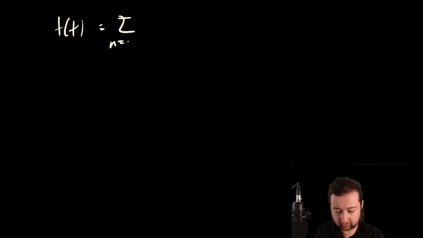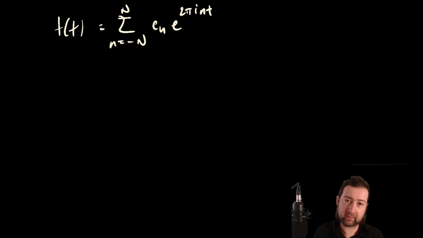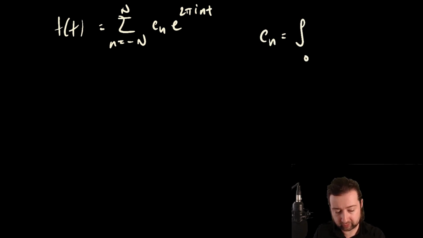So here's the big question that we have so far. We know that if we have a function that looks like f of t, and that f of t can be written as the sum from n equals minus N to N of Cn e to the 2 pi i n t, then if a function can be written that way, we could write down that Cn is equal to the integral from 0 to 1 of f of t e to the minus 2 pi i n t dt.